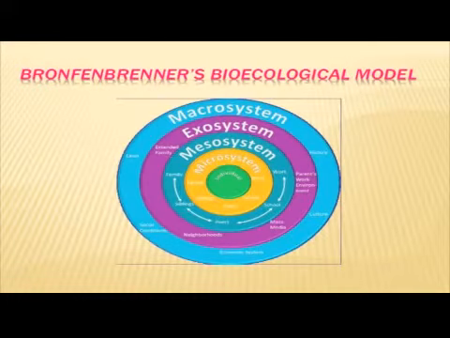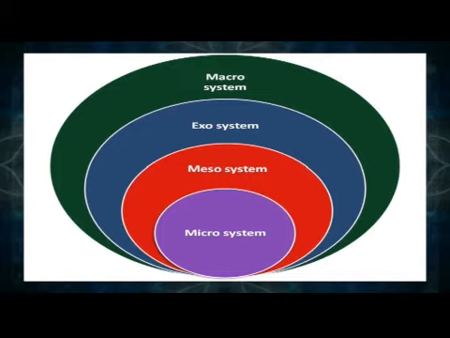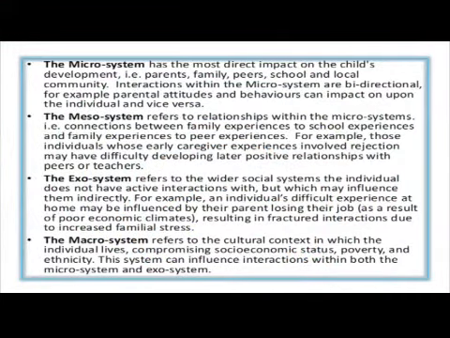Ecological systems theory specifies 4 types of nested environmental systems: the microsystem, mesosystem, exosystem and macrosystem. Each system contains roles, norms and rules that initiate strong development.